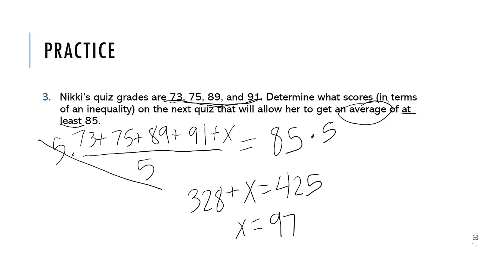So to make this into now an inequality, her score on the test needs to be greater than or equal to 97. We could also make this into a compound inequality if we assume that she cannot get more than 100% on the quiz. Then we could say as well that her score on the test would be at least 97.